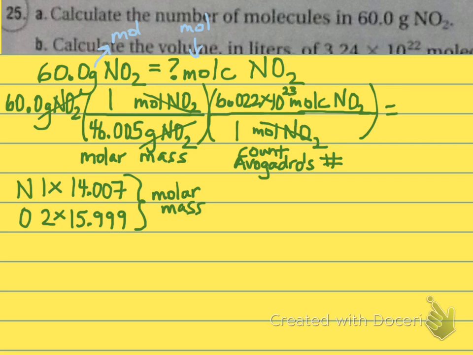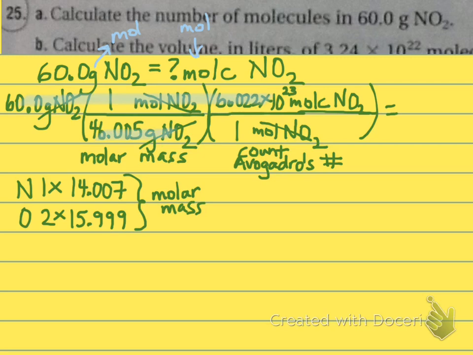Now, again, this is one of those ones where you need to make sure you understand whether you're multiplying or dividing, right? I'm going to multiply, okay, by things that are in my numerator, and I'm going to divide by things that are in my denominator.